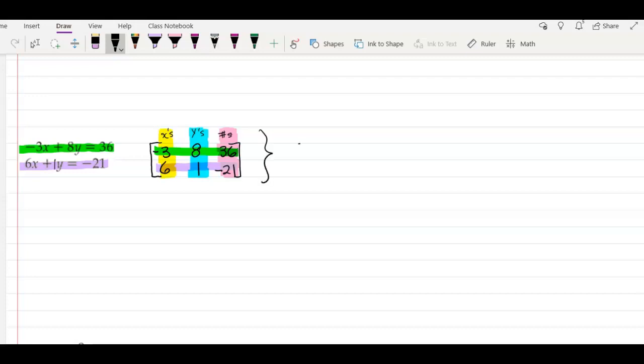So I'm just going to rewrite this without all of the highlighting. Negative 3, 8, 36. 6, 1, negative 21. This is called a 2 by 3 matrix because it has 2 rows and 3 columns. And you always list the rows first if you're naming the dimensions of your matrix.